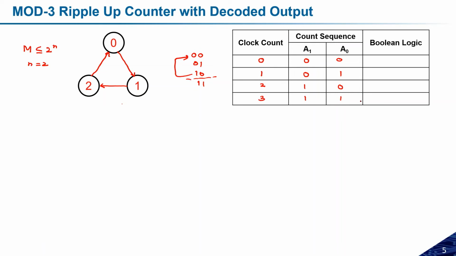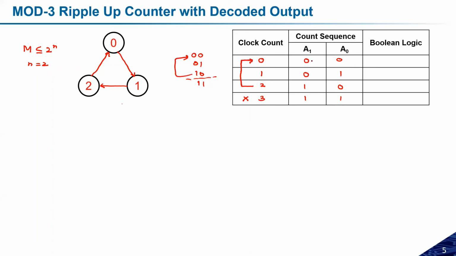This condition is not required, and this is invalid, so the sequence should move from here to here, and this is not a valid case. So how to make the circuit that can count 0 to 1, then 2, then move again to 0 without moving to state 3?